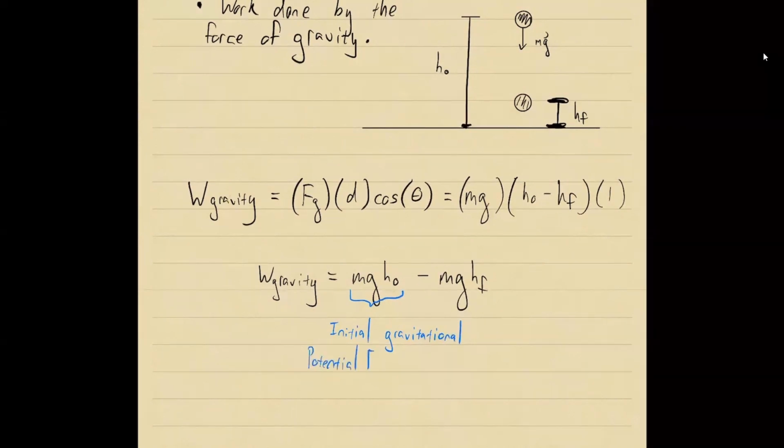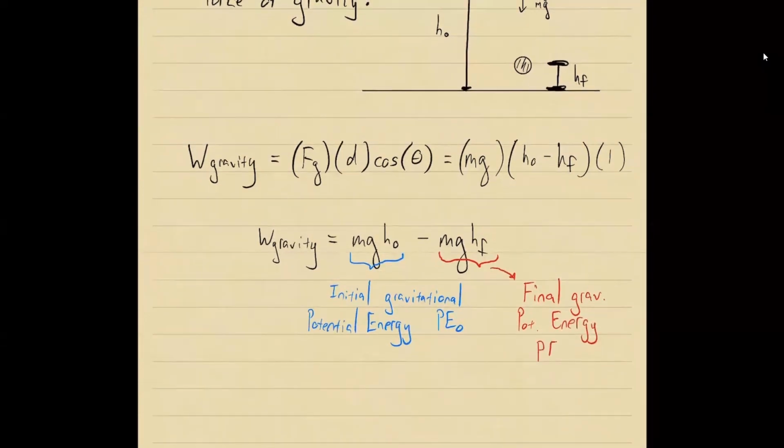We're going to call that PE0. And like you might expect, this term right here is going to be our final gravitational potential energy, which we're going to call PEF, PE final.